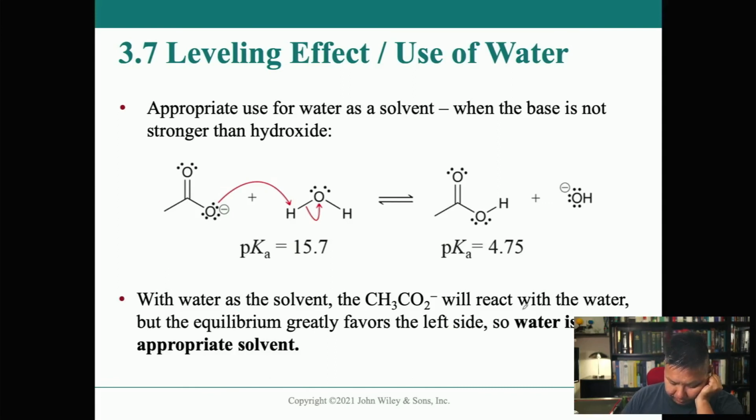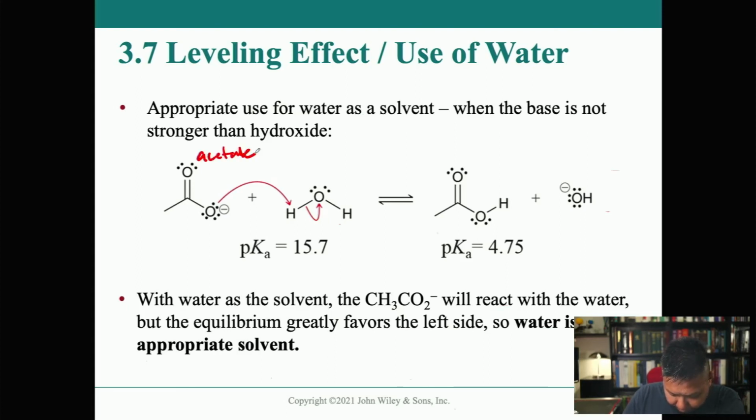So here we have the example of the acetate ion again. And water is actually the acid in this case. Oh, I wrote that wrong. Let me erase that and do that again. We have the acetate ion, right?